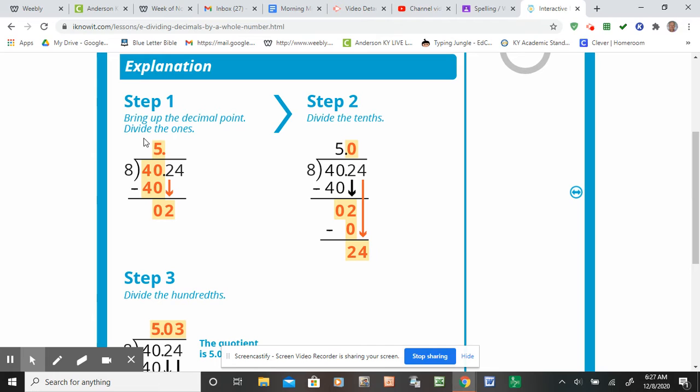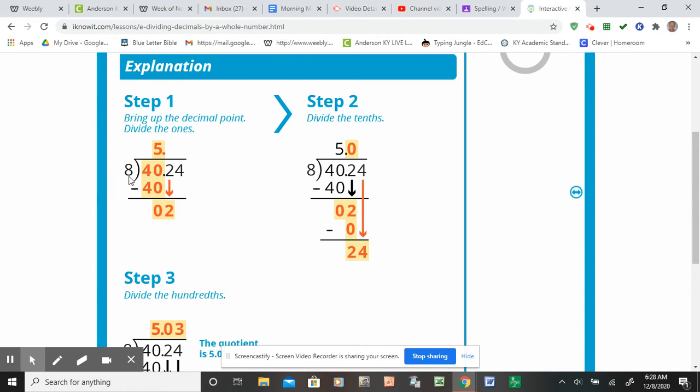They skipped that step and combined the 4 and the 0 to make 40. If we had put a 0 placeholder at the top, multiplied through and subtracted, we would end up with 40 down here, and we would still be dividing 8 into 40. So they skip a step and go directly into dividing 40 by 8. You can do that. That's probably the best way to do this.